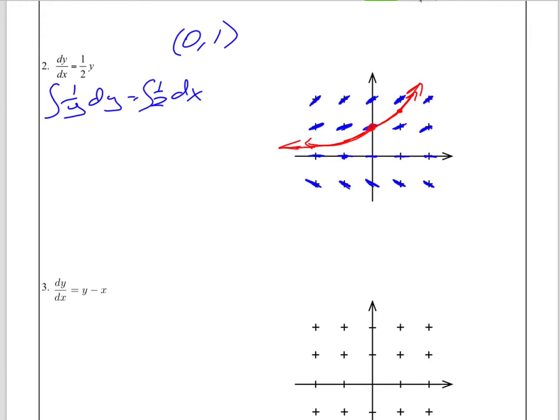So we integrate. What do we get here? Natural log absolute value of y, equals 1/2 x plus c. Now plug in 0, 1. So natural log of 1 equals 0 plus c. So that means c equals 0.